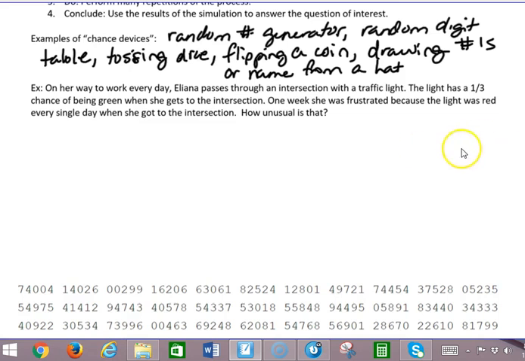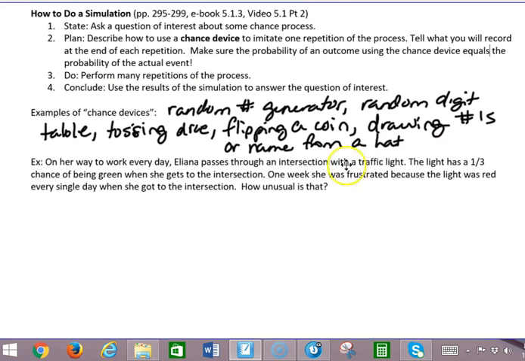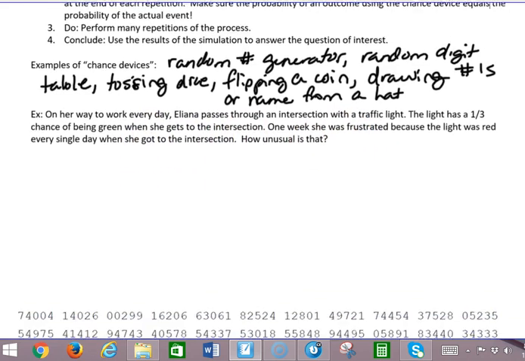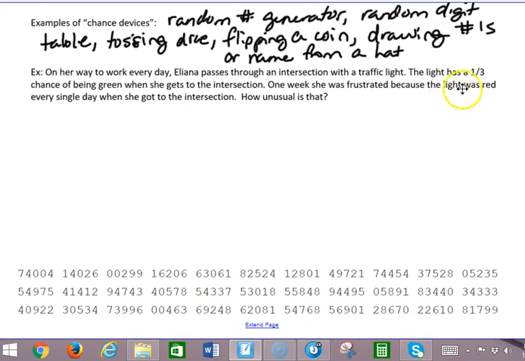So here's our question that we want to answer. How unusual is it, or what is the probability of getting 5 red lights in a row if the probability of a green light is 1/3? So let's write our question.